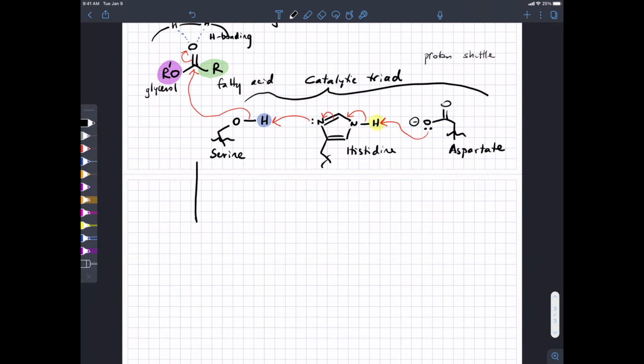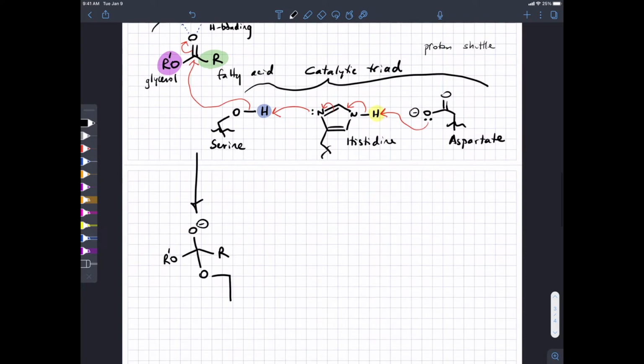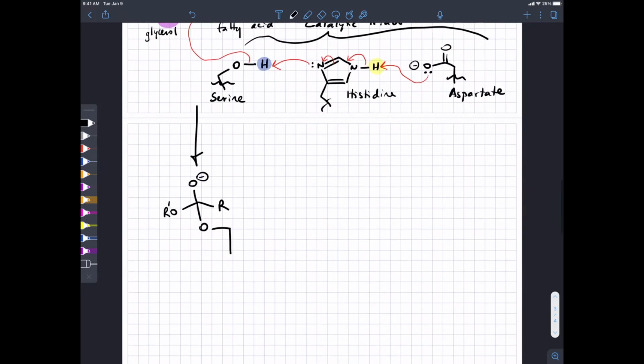So after this step, what you've got is the OR group, you've got a tetrahedral intermediate, you have the long hydrocarbon chain, and then you have this serine residue. And I'll draw what the catalytic triad looks like after that.